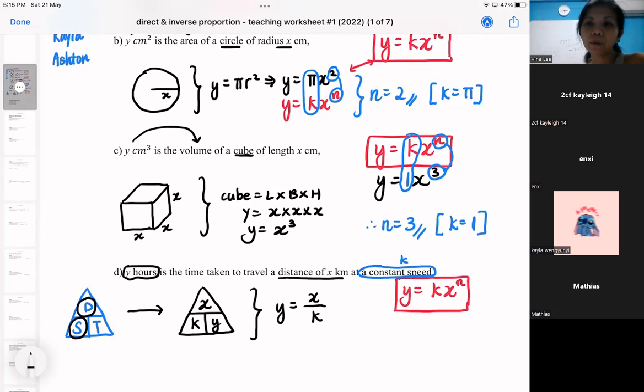Abigail, you cannot put it as 1. Otherwise you are actually correct. So it is 1 over k times x.